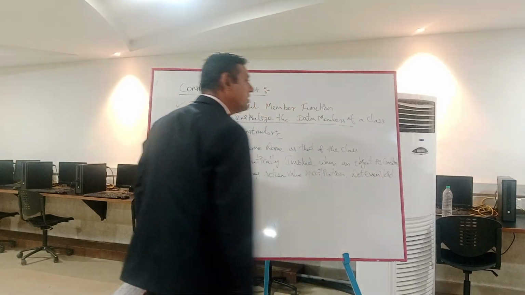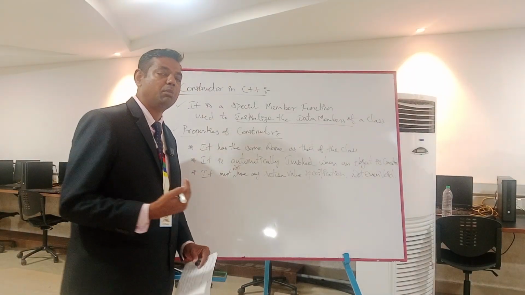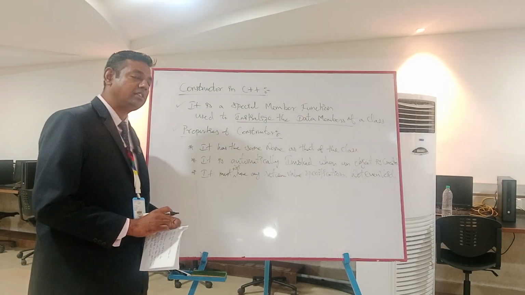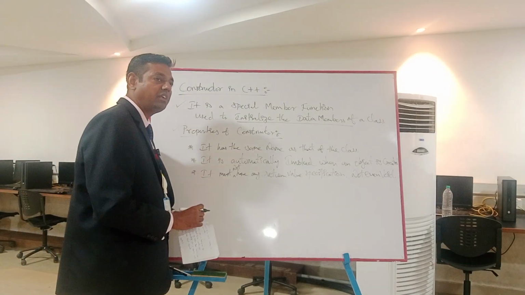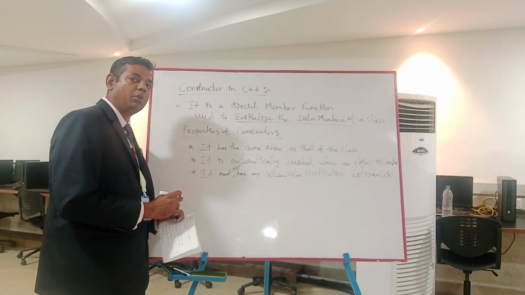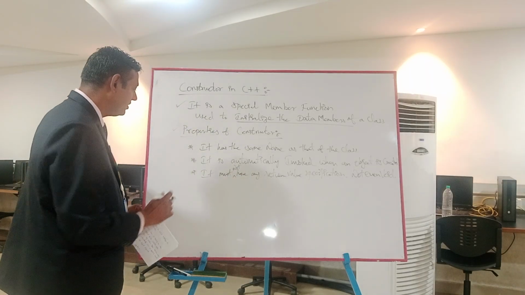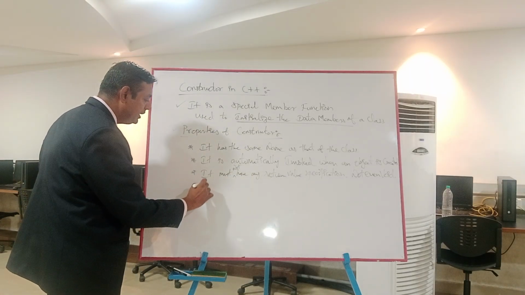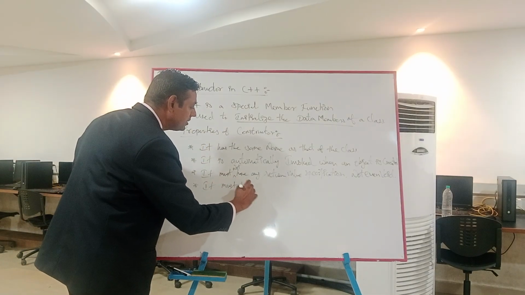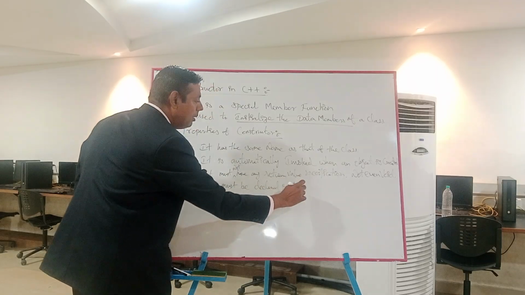Normally, member functions are preceded by a function return type, and if the function is not going to return any value, it is preceded by void. With respect to a constructor, it is not so. The constructor should not have any return value specification, and the constructor must be declared in the public section.